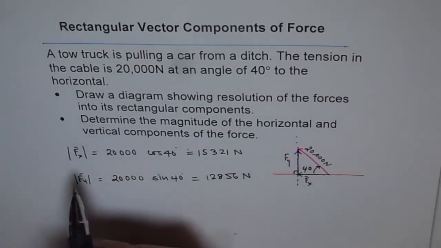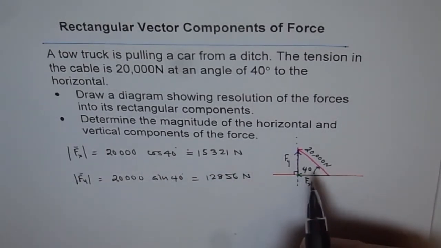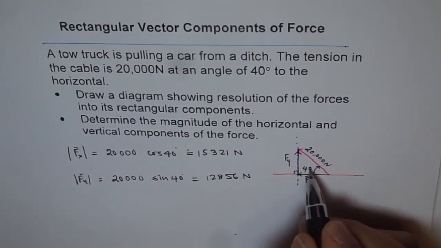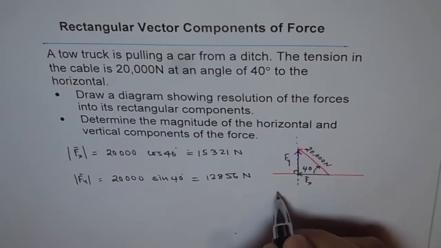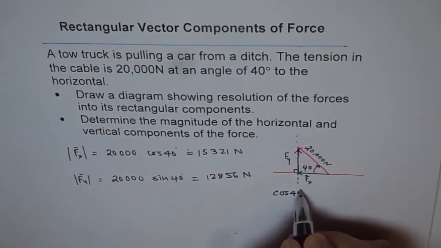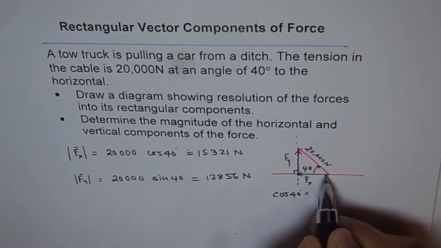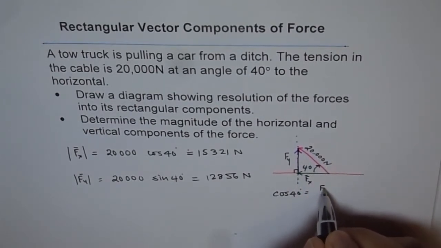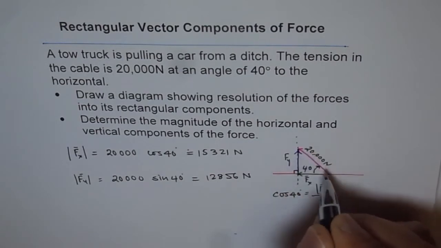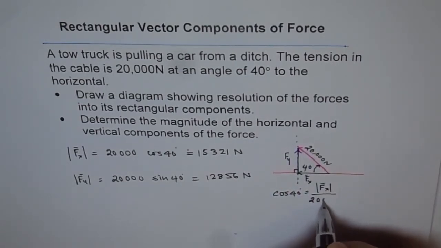So I hope this is clear to you. We did it like this. What is cos of 40 degrees? Let me show you here. Cos of 40 degrees is equal to adjacent over hypotenuse, which is Fx magnitude over hypotenuse, which is 20,000, right?